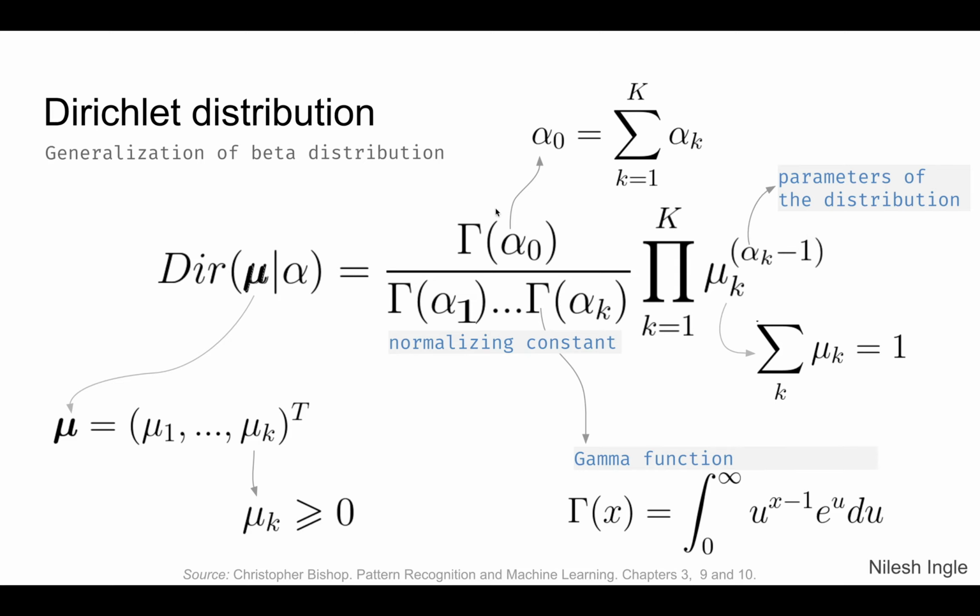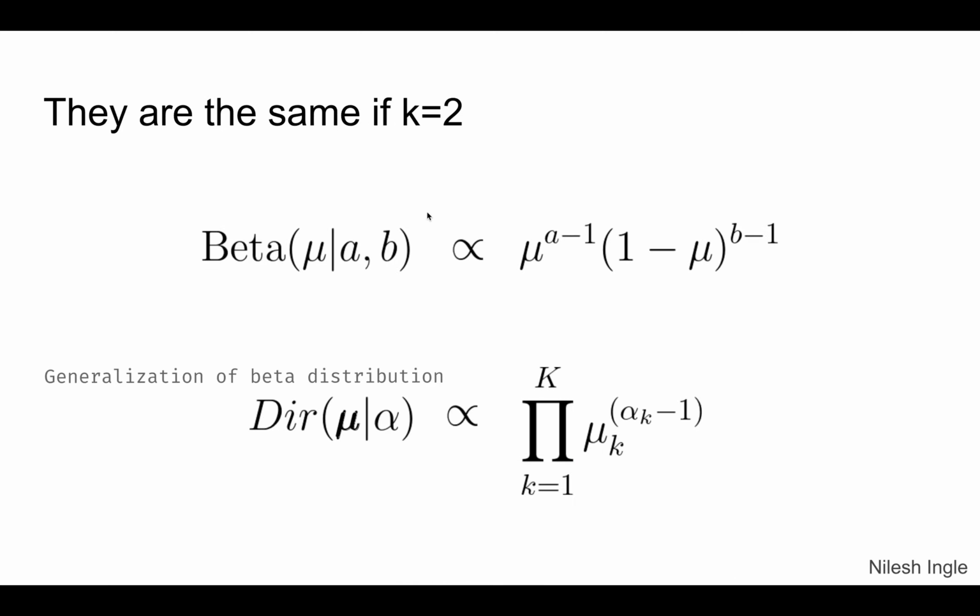And again, this is the normalizing term right here, and we have the gamma represented by this notation shown here, and that's the mathematical form for the Dirichlet distribution. And we'll be using this in what is called the Dirichlet process. And this is a comparison without the normalizing term, and as you can see, two hyperparameters here, and here we can have k hyperparameters.